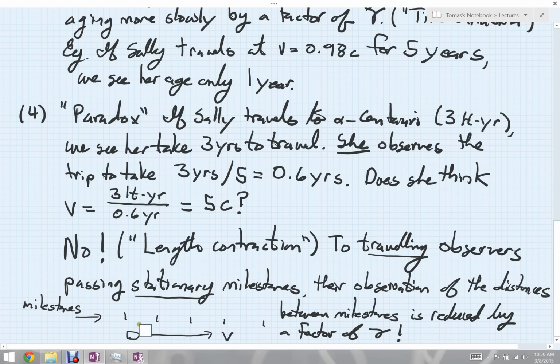So she sees herself traveling 1/5 the distance in exactly 1/5 the time, so she agrees with us that she's traveling at that given velocity v. Very good. So these are then the basic effects from relativity that we will need to understand the consequences of the motion of charges on Coulomb's law, which is what will take up the rest of this lecture.